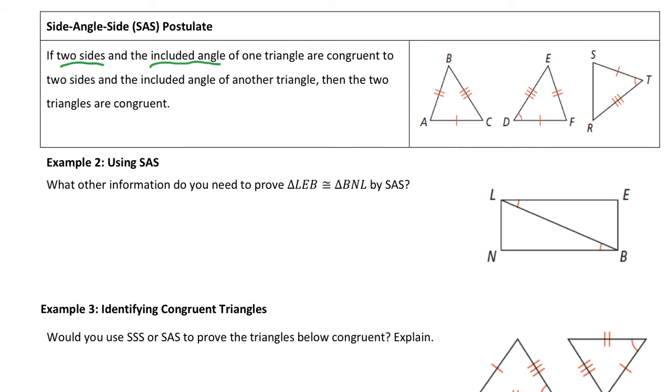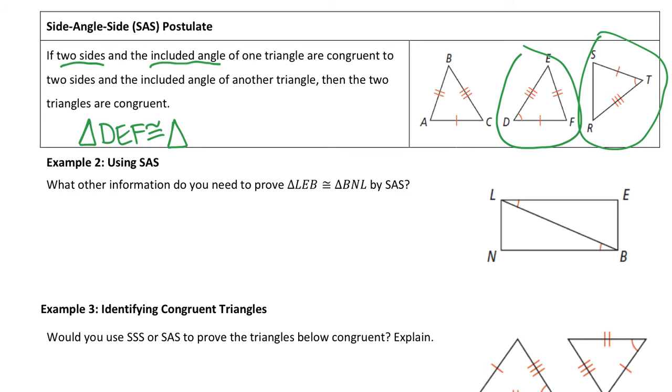So if I'm looking at two triangles that would be congruent by this SAS, I'm going to look at DEF and SRT. Now, not in that order, but what I could say is that triangle DEF in this diagram is congruent to triangle, and the way I name it is important.